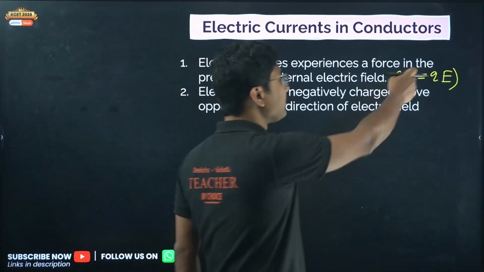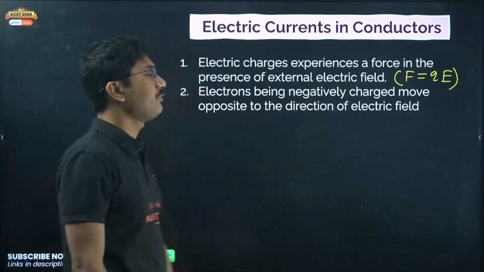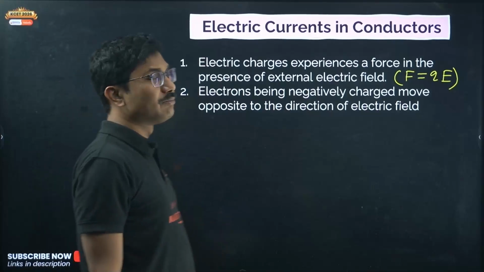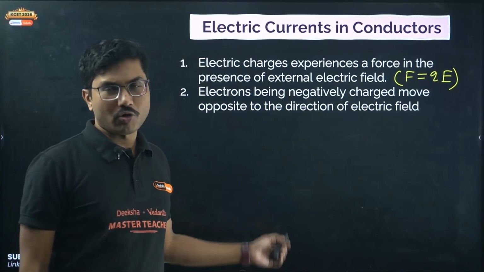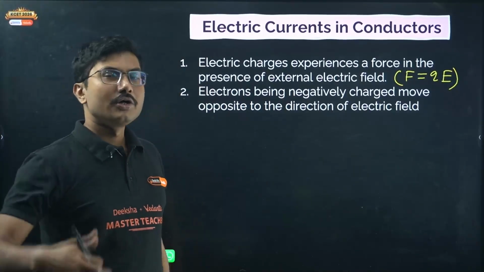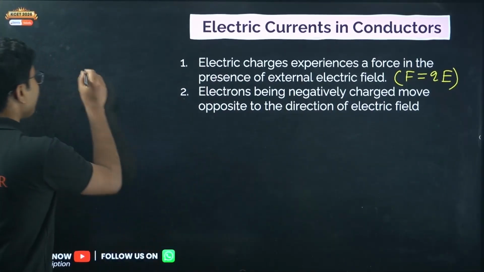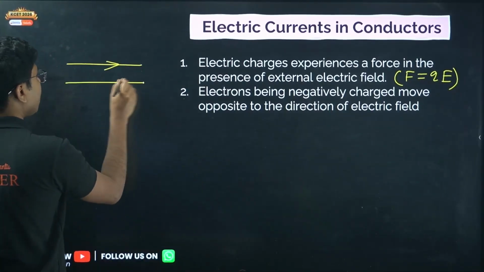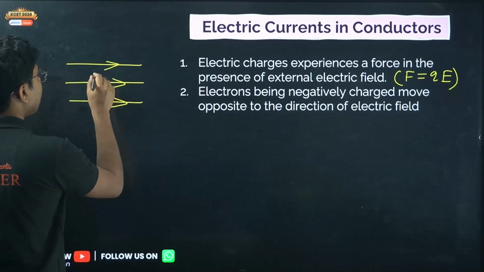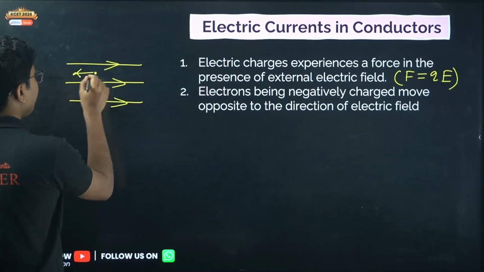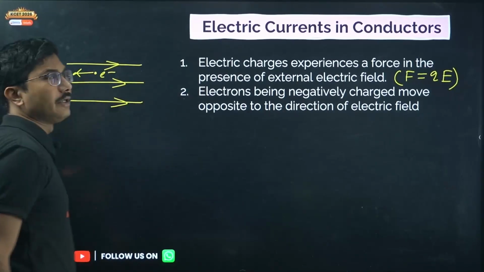If this is a positive charge, it moves in the direction of the field. If this is a negative charge, it moves in the opposite direction of the electric field. So if this is the electric field, then the electron moves in the direction opposite to that of the electric field, right?